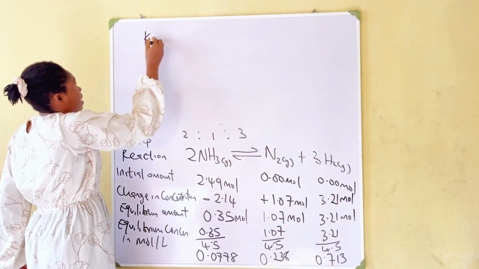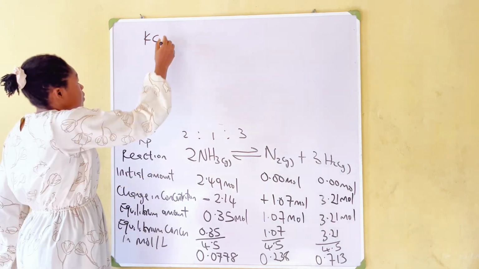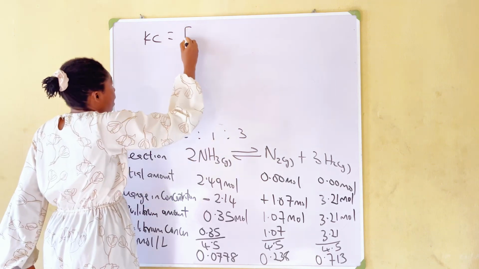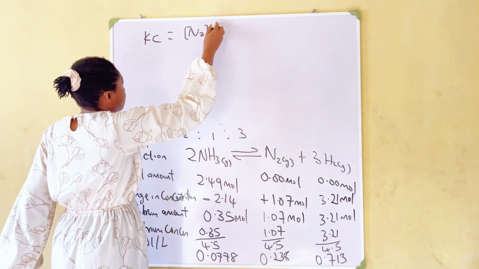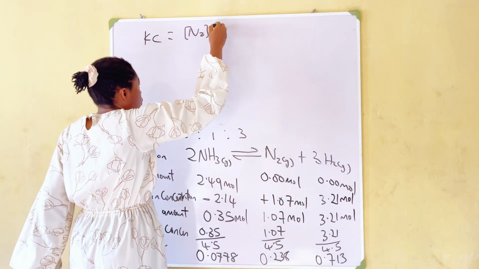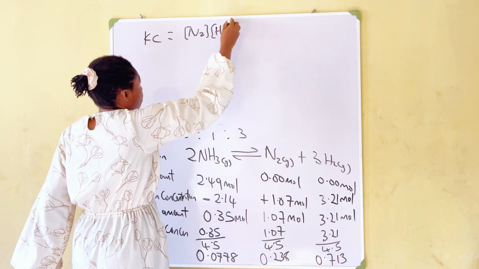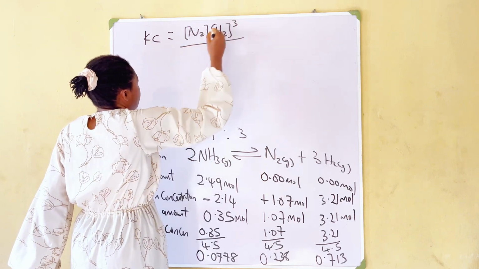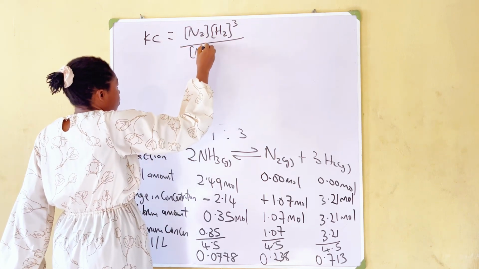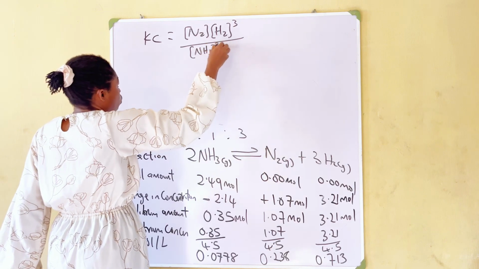So applying the law of mass action, Kc: the reactant is N2, concentration of reactant times concentration of hydrogen, the product, raised to power 3, divided by that of ammonia raised to power 2.